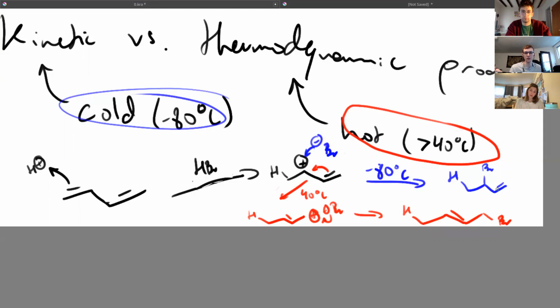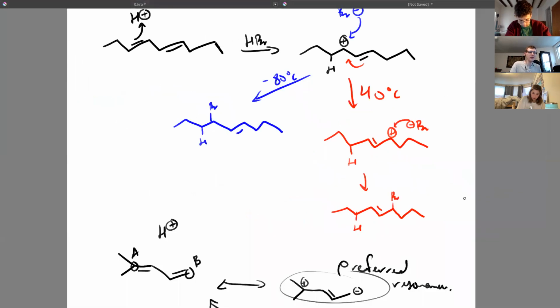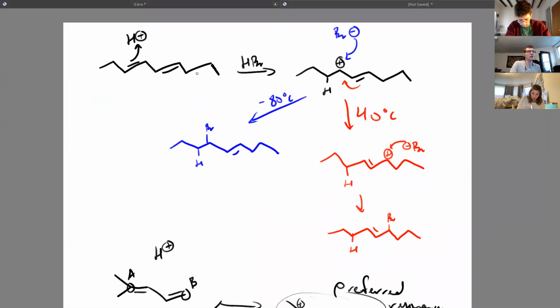So when we have the thermodynamic product, we have all the energy we need that we can do some moving around, some shuffling, and we can get that more favorable double bond.